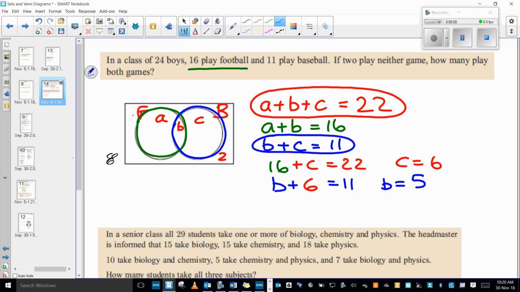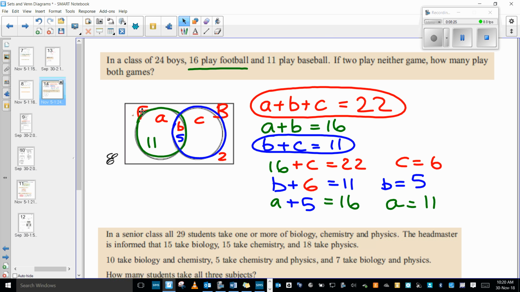And now if I know B is 5 and A plus B is 16, I know that A plus 5 equals 16, and so A is 11. So this is 11, this is 5, and this was 6.